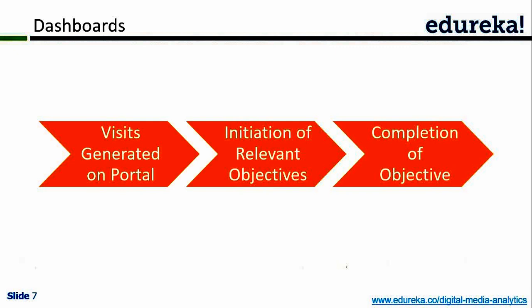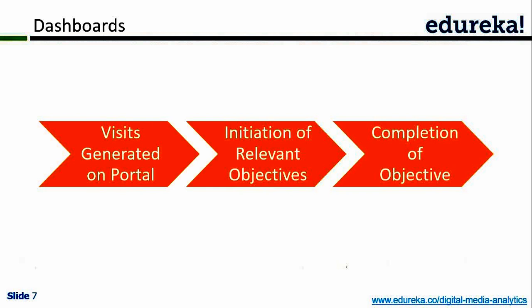So it can be broken down into three stages. First, visits generated on the portal. Whenever we create a dashboard, a dashboard is nothing but a set of reports which help you take intelligent decisions at a glance. By just looking at the dashboard, you can summarize what's going on and what needs to be done to improve certain metrics.